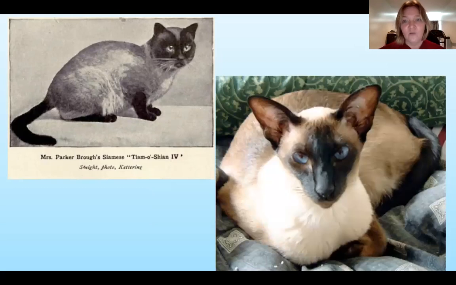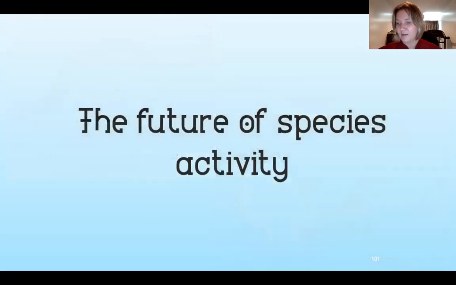This is what we look for in a Siamese cat today. The coloration is still the same, but we've bred them so that they now have blue eyes. We've bred them so that the face is very triangular and pointy with big ears. That's the difference. And it turns out that Thai domestic shorthairs are more like what they want Siamese cats to be like today.